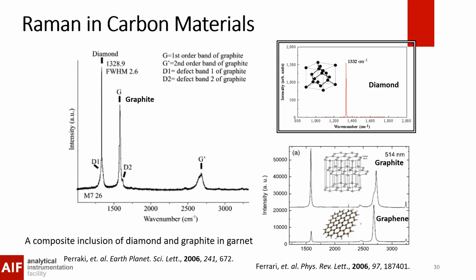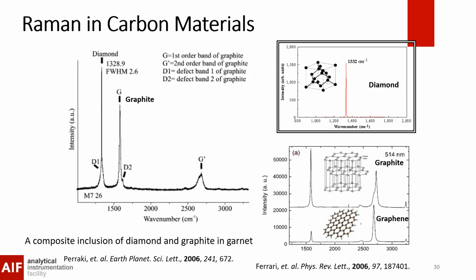If you're looking at here, the graphite and graphene basically show a distinguished G band, which is the in-plane vibration mode at around 1580, and G prime at 2680. And the D band over here is normally due to defects.